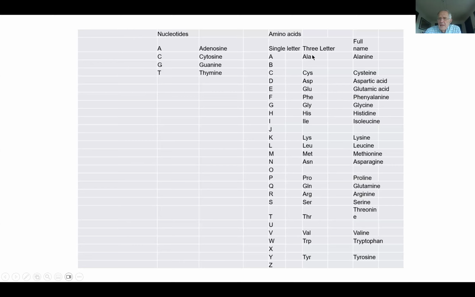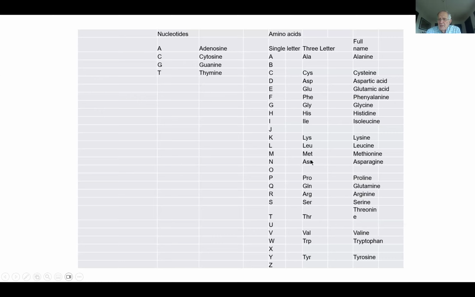Ala is alanine, Cys is cysteine, Asp is aspartic acid, Glu is glutamic acid, Phe is phenylalanine. Gly is glycine, His is histidine, Ile is isoleucine, Lys is lysine, Leu is leucine, which is related to isoleucine, but different.